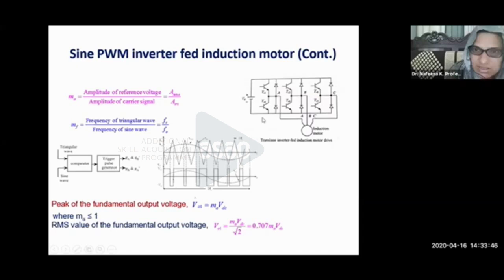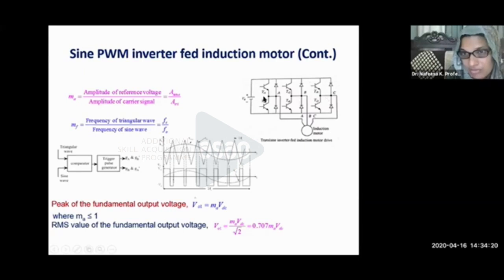So here in a three-phase PWM inverter, we are having 3 limbs. In the comparator, the triangular wave is the carrier wave, and to this carrier wave we are giving 3 reference waves for A phase, B phase and C phase.